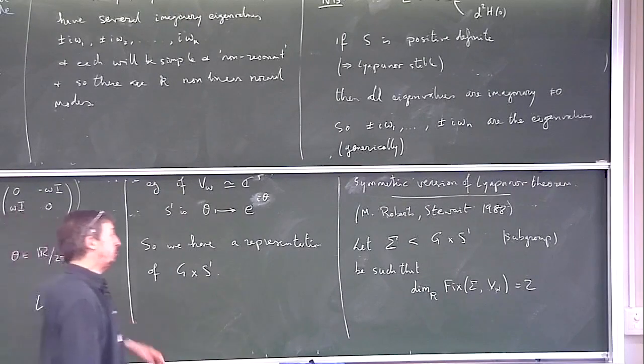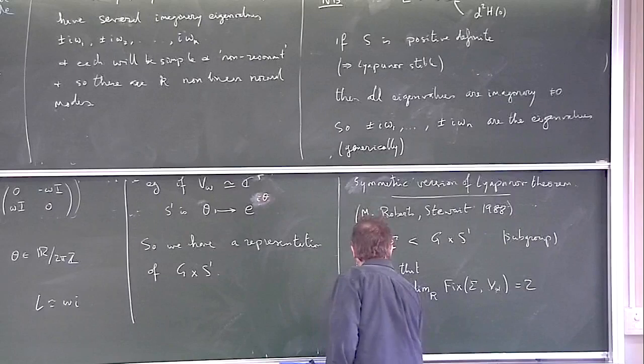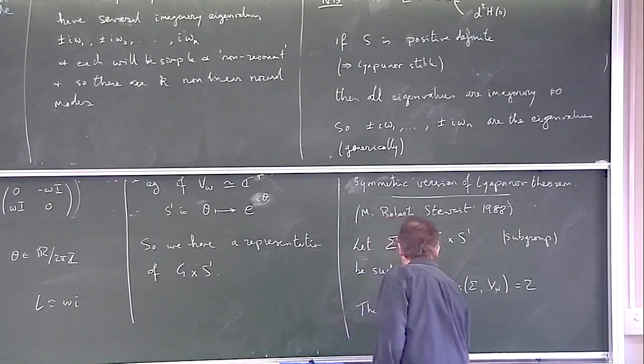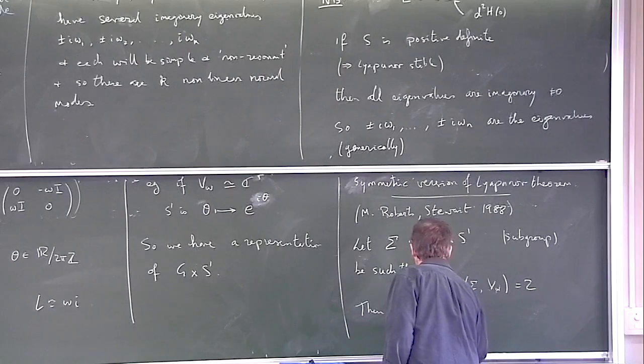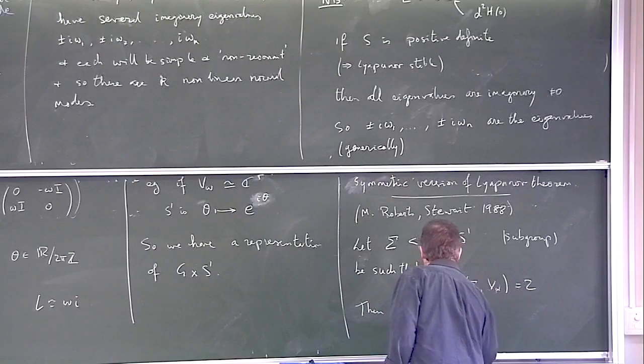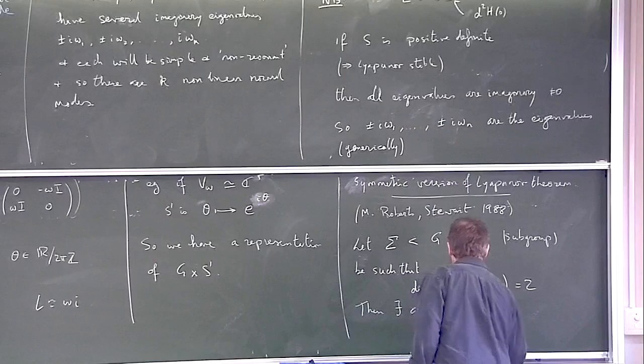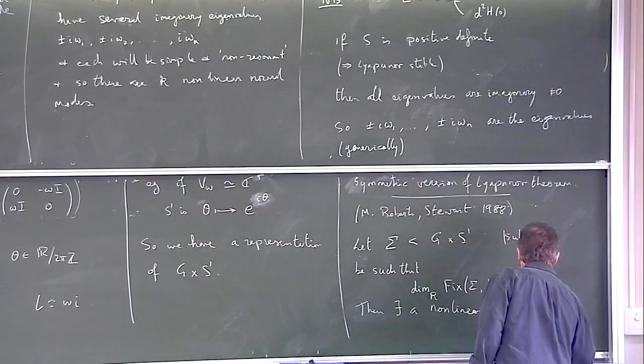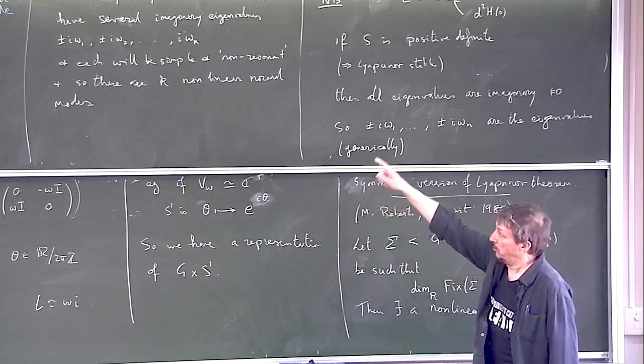Well, if it's 2, then there's a nonlinear normal mode. So a nice smooth surface, just like before.